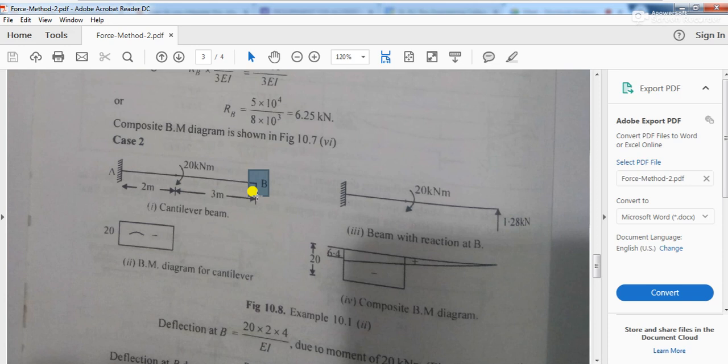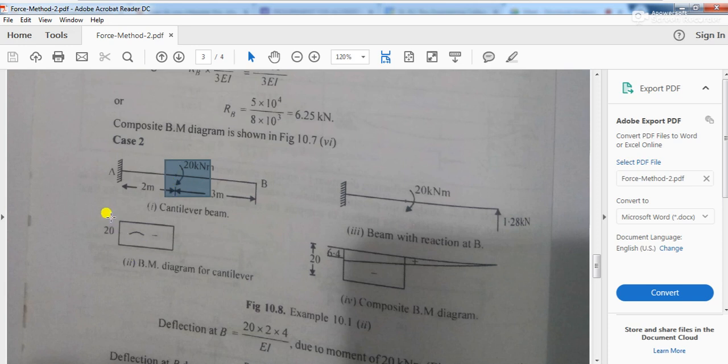Okay. So if you take the moment area theorem, then for this cantilever beam, which is basically the primary structure in this case, what will be the moment diagram? You see, only a 20 kilonewton meter moment is acting over here.